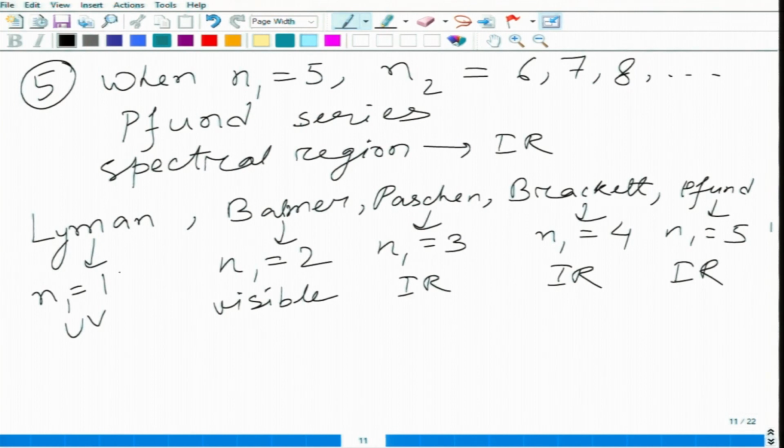For Lyman series, n1 was 1. So all the excited atoms will come back to n equal to 1, that is the 1 state.